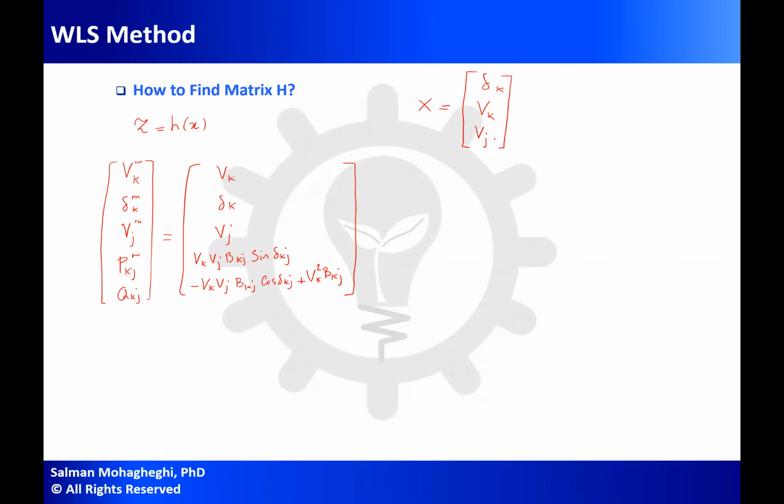And you continue with the derivative of H2 with respect to X1, X2, X3, and then you continue, right? So let's look at my H1 of X, which is just Vk. Derivative of that with respect to delta K is 0. With respect to Vk is 1. With respect to Vj is 0.